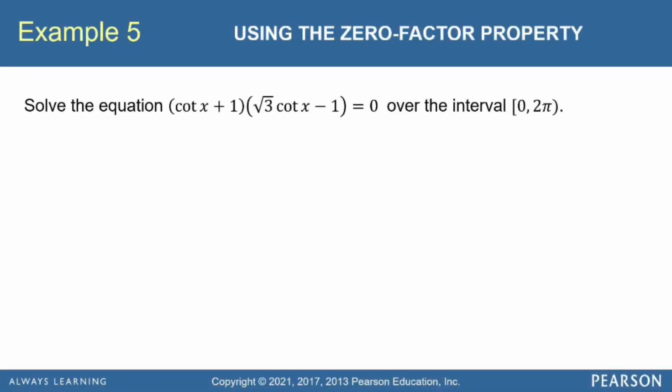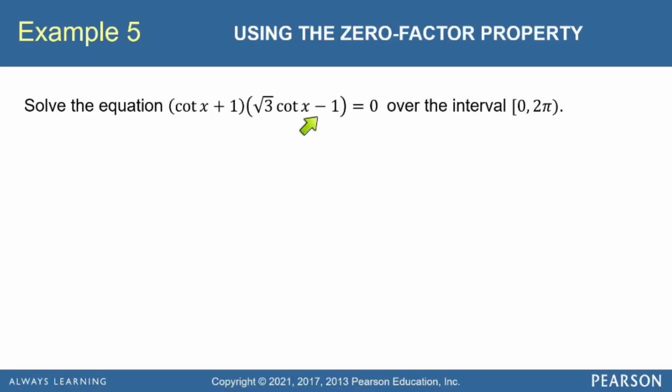So here's example 5, and it says solve the equation (cotangent x plus 1) times (square root of 3 cotangent x minus 1) equals 0 over the interval from 0 to 2 pi. So this time we're only required to state the principal solutions, but we do need to give the solutions in radians.